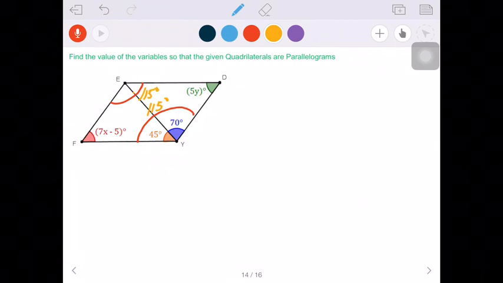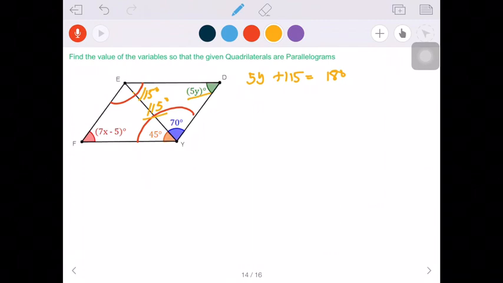Now, what is the significance of that? If I know the opposite angles, I can solve the consecutive angles using the property that consecutive angles are supplementary. So if you want to solve the measure of angle D, 5y degrees, you can simply pair it off with 115 degrees and establish their relationship, that they are supplementary because they are consecutive angles. So 5y plus 115 is equal to 180.